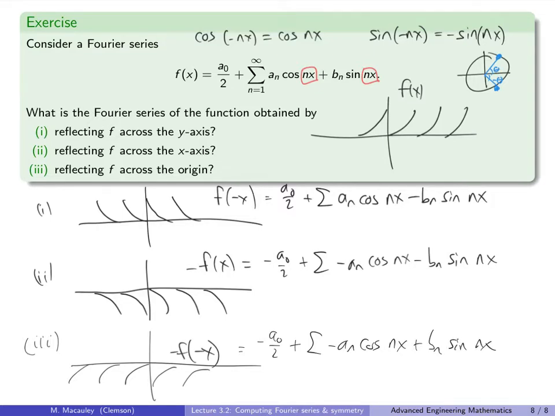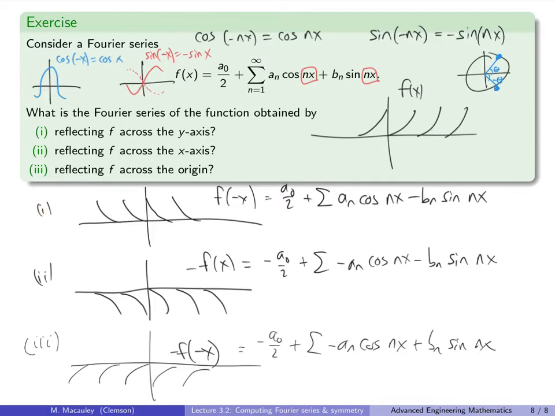And if you think about it, this makes sense because here's the picture of the cosine versus the sine. If I look at the cosine wave, cosine of negative x equals cosine of x. If I reflect this across the y-axis, I get the same thing. But if I take the sine wave and I reflect this across the y-axis, then I get sine of negative x equals negative sine of x.